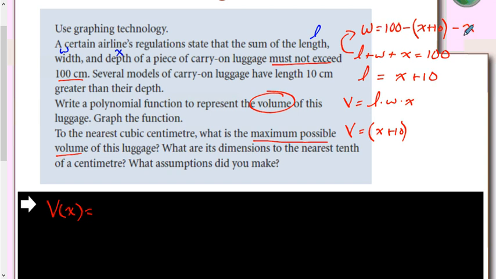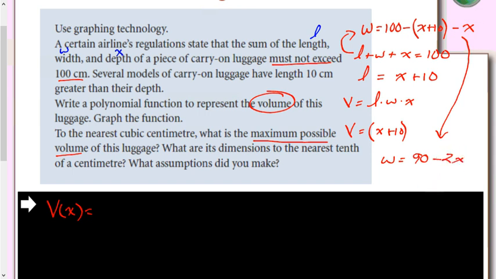So I'm kind of running out of space here, so I'm going to come down this direction, and I'll get my width is equal to 100 minus 10. So this 100 here, subtracting the 10, will give me a 90. And then this negative x minus x will give me a minus 2x.